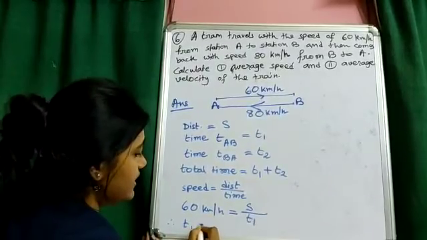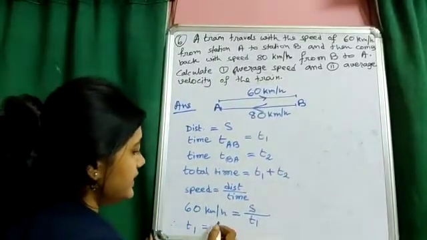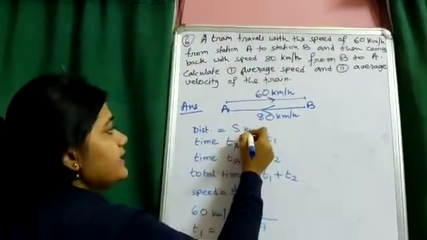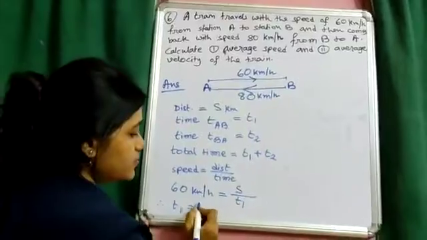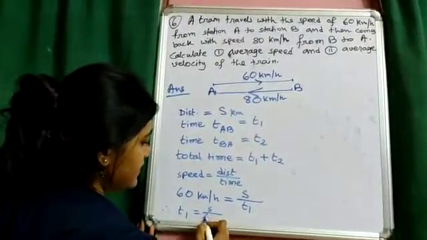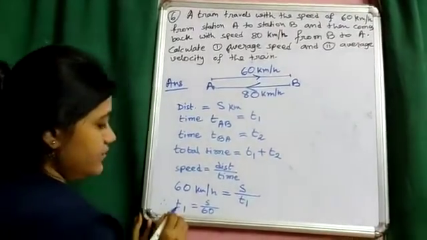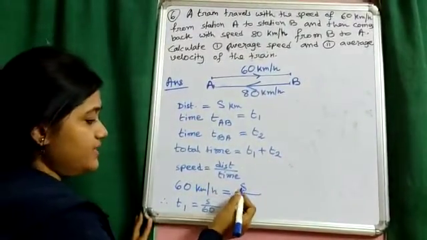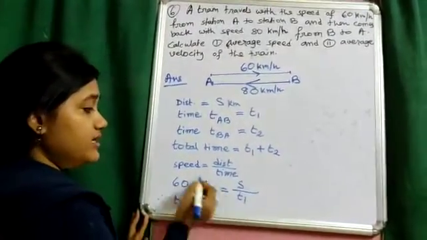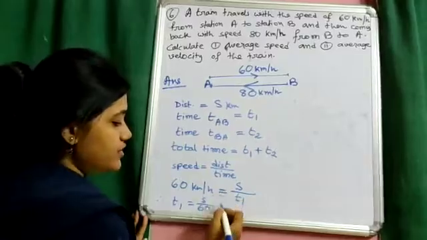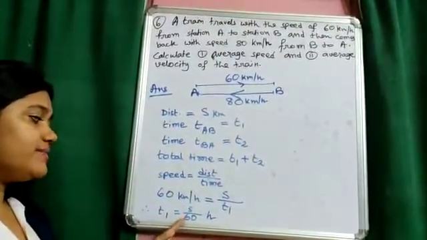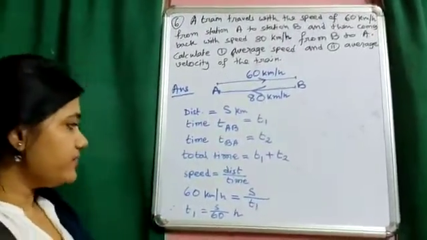Therefore, T1, cross multiplying, is S divided by 60. Since S is in kilometer and the speed is in kilometer per hour, time will be in hour. So T1 is equal to S by 60 hour.